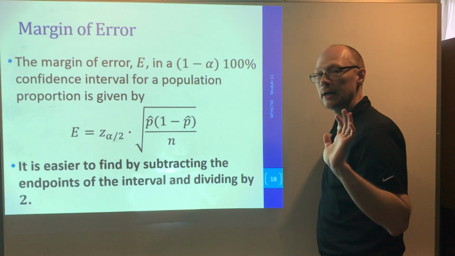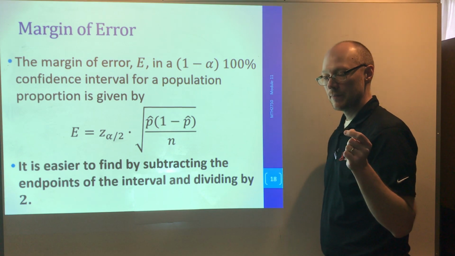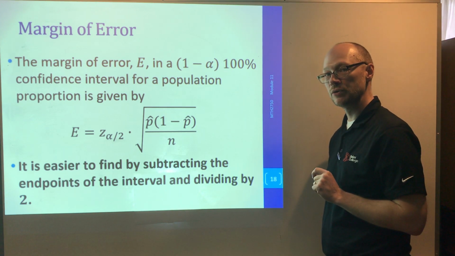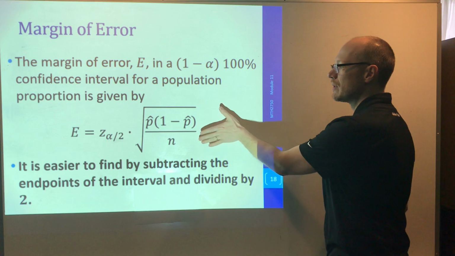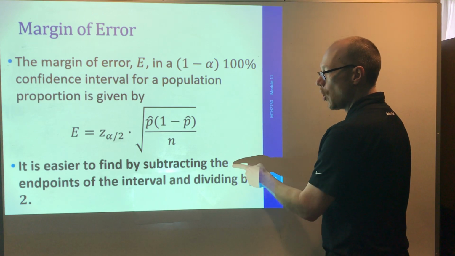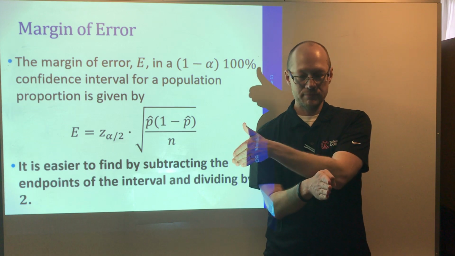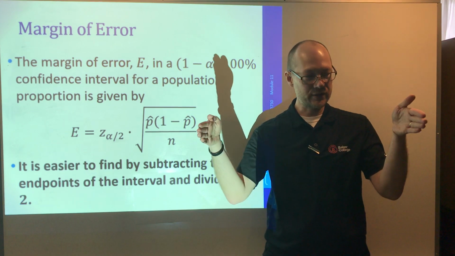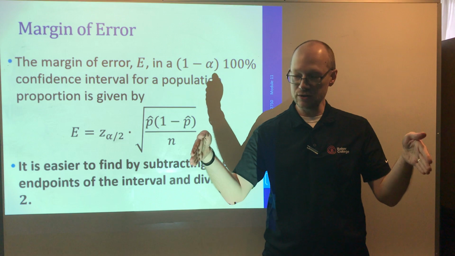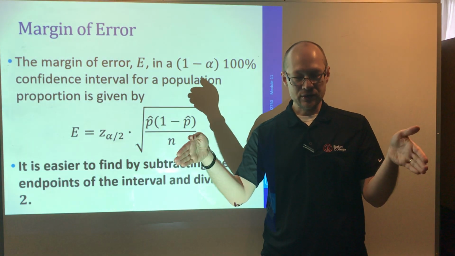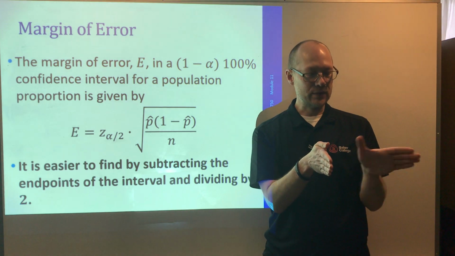Sweet. The calculator or StatCrunch, I don't believe, gives you the margin of error, but please recognize how easy it is to find. All you do to find the margin of error is, if StatCrunch gives you these two things, subtract them to give you the full range, divide by 2, and that will give you that amount.